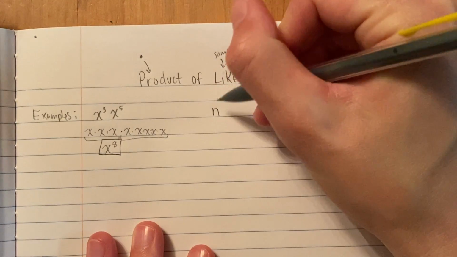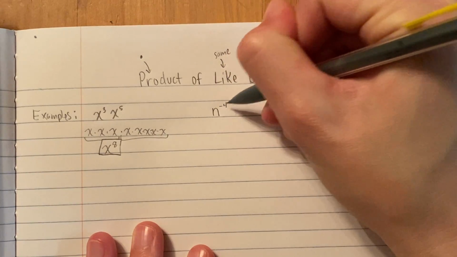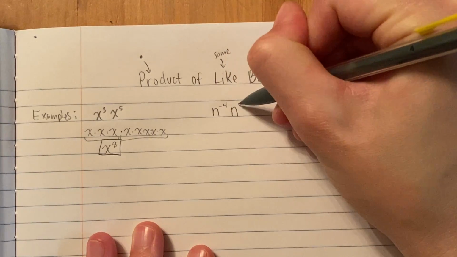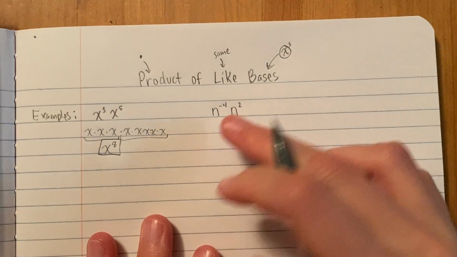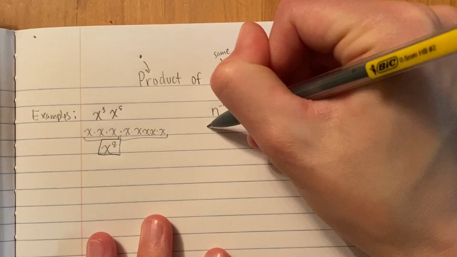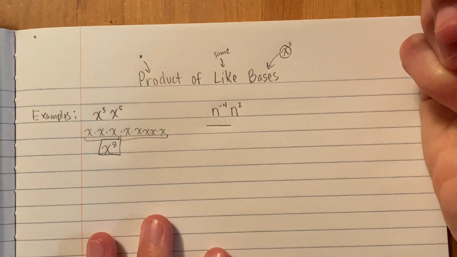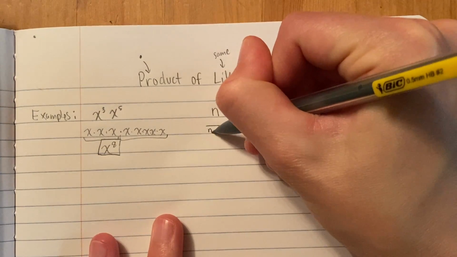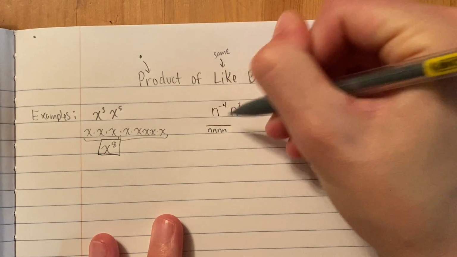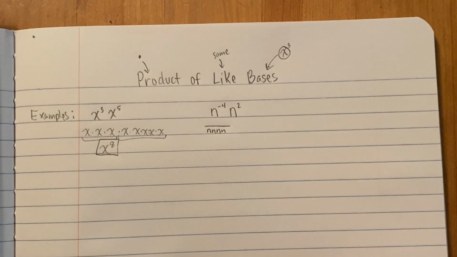Here, let's throw in a negative. Here's n to the negative fourth times n to the second. Okay, so n to the negative fourth. Remember what that means? That means n to the fourth on the bottom of a fraction, right? So that means there's 4 n's, but it's on the bottom of a fraction.